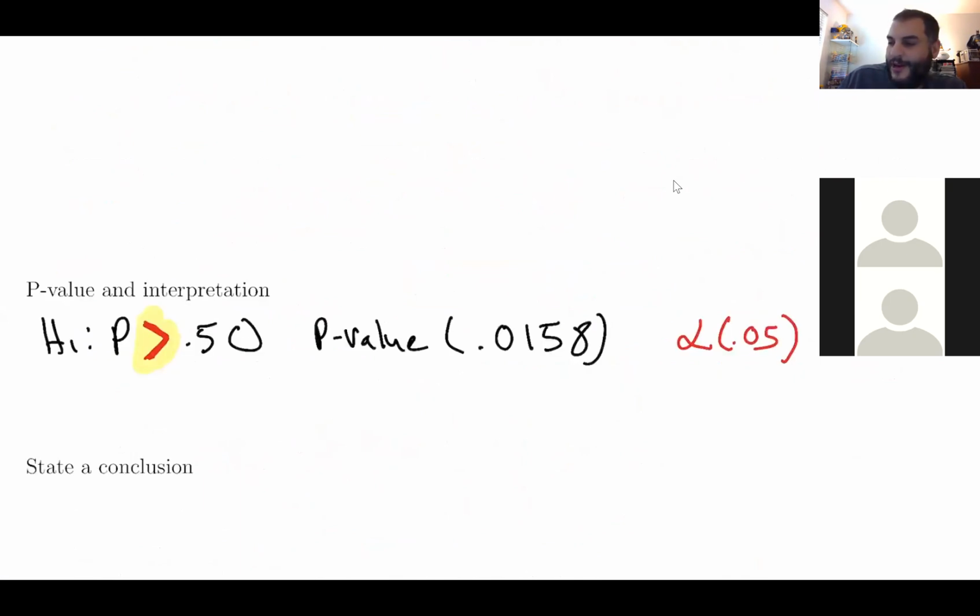So which one is bigger, p-value, which I'm going to label as A, or alpha, which I'm going to label as B?